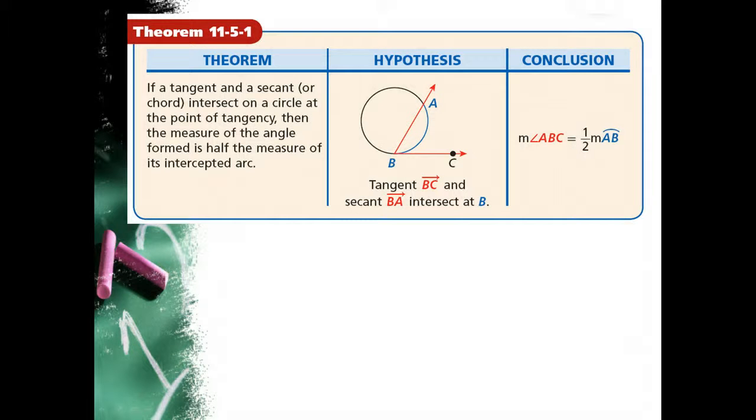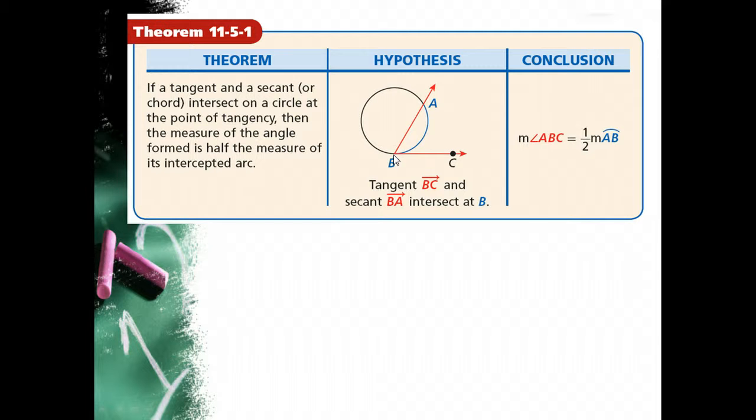We'll start with the theorem. If a tangent and a secant, or chord, intersect on a circle at the point of tangency, then the measure of the angle formed is half the measure of its intercepted arc. So if you look at the picture, we have a tangent line.